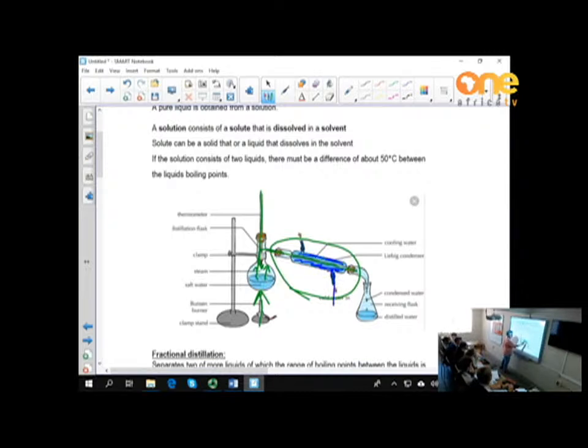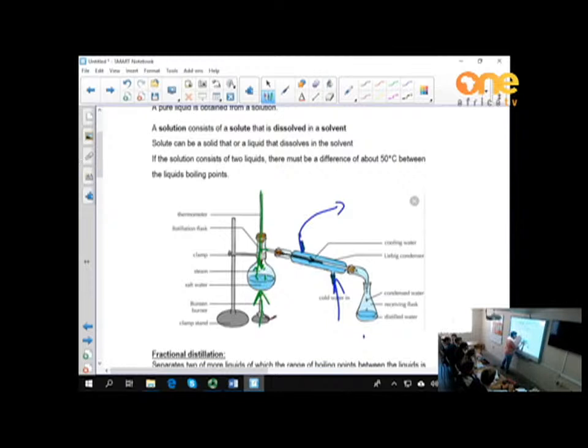Remember, this is a flat diagram. It's a three-dimensional structure. It's a tube with a tube in it. And the water circulates around this gray part. So it cools down the vapor and it condenses, and the condensate is caught up in a container. What is important with a Liebig condenser is that the cold water goes in at the bottom, and the warmer water comes out at the top, so that there's an exchange of heat.